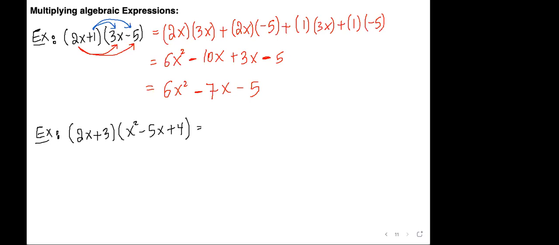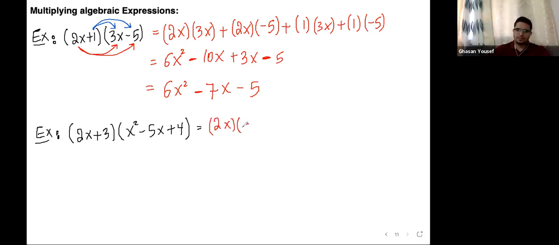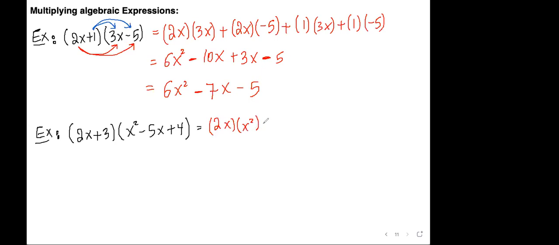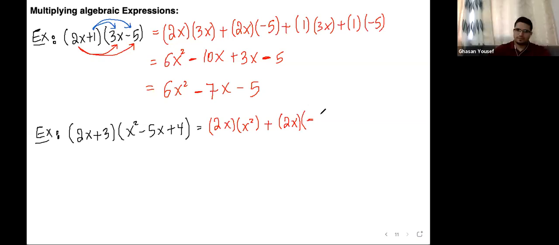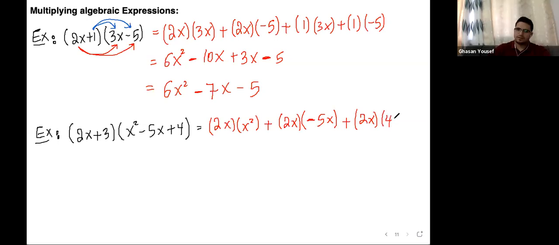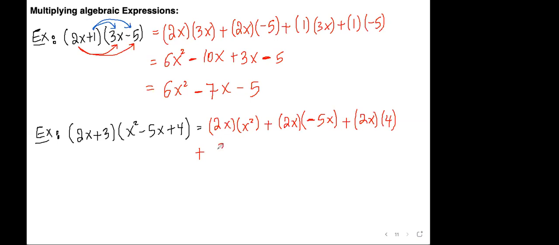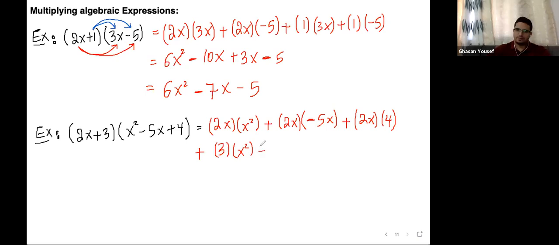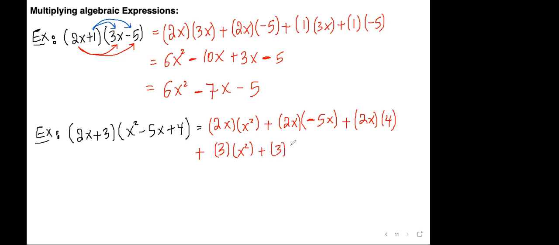So it will be 2x times x squared. Plus 2x times minus 5x. Plus 2x times 4. Plus 3 times x squared. Plus 3 times minus 5x.